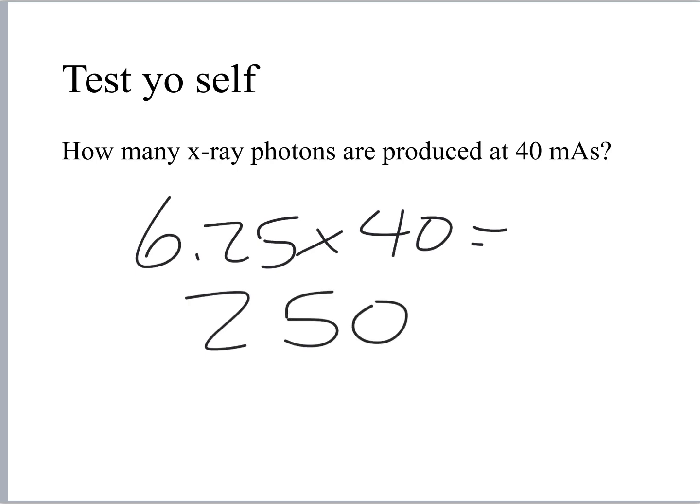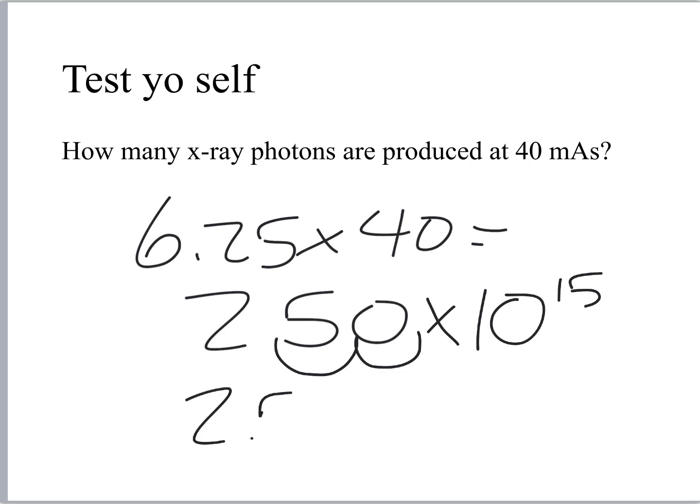And if we're asking, well, 250 what? Then we don't quite have the whole picture, because it's times 10 to the 15th, but we wouldn't write it this way. We would hop the decimal point over 2 and write this as 2.5 times 10 to the 17th X-ray photons. So a very, very large number of X-ray photons.